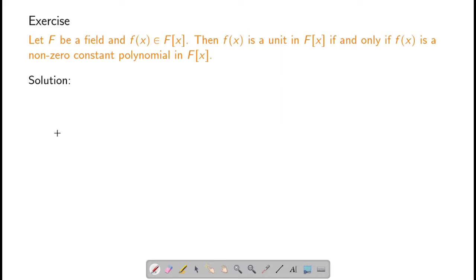From the previous exercise, we can observe that if f(x) is a unit in F[x], then it should be a non-zero constant polynomial in F[x], because if f(x) is a unit in F[x], then we have shown that f(x) should be a unit in F, which means that f(x) is a constant polynomial. The converse of this statement is also true. You can try to prove it on your own.